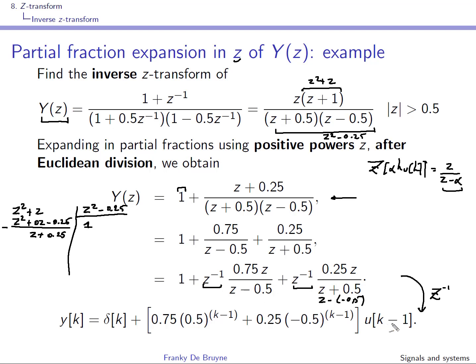And because of the delay operator, of course, we have here a step that has been delayed also. Okay, this makes sure that this part of the response starts at k is equal to 1. So we see here that the expression is different than the two expressions that we have obtained previously, but we will show that they are equivalent in the next slide.